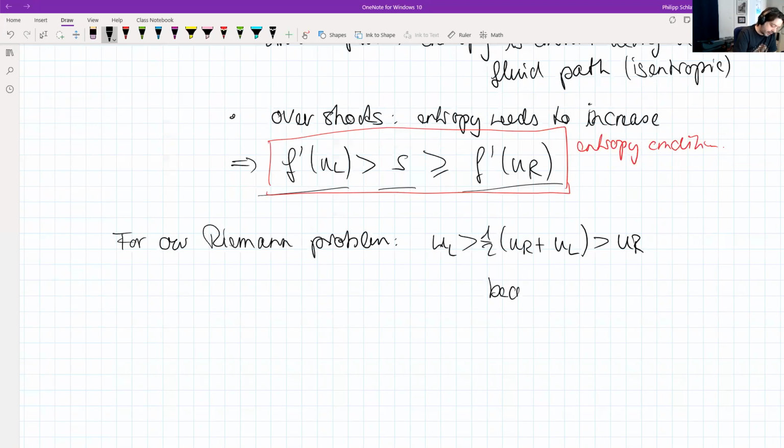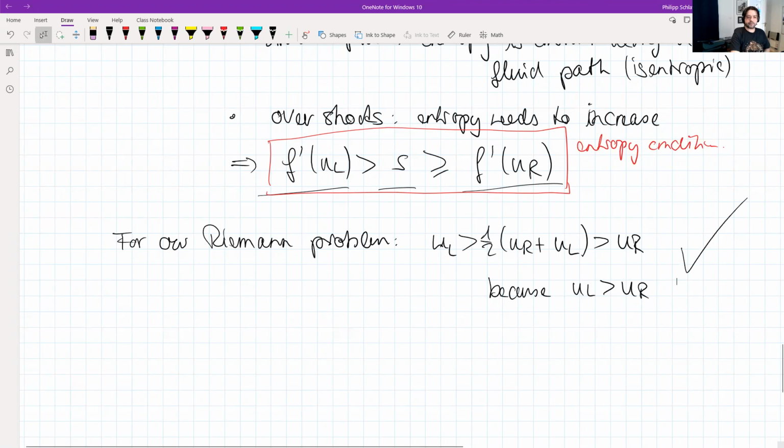This is true, because we have assumed in the beginning that UL is larger than UR. So that means this is actually okay. So our shock solution has fulfilled the entropy condition. So this seems to be a very good solution.